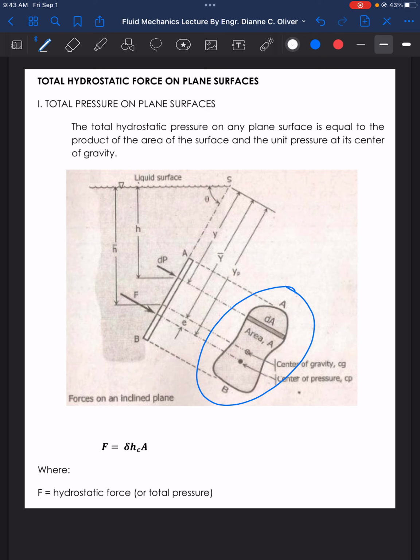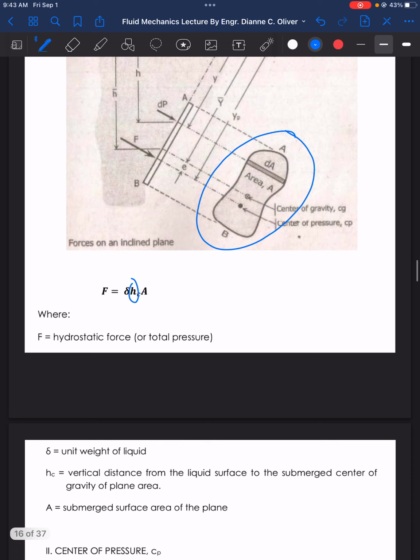The pressure here is gamma of the liquid in which the body is submerged, times HC, that is the vertical distance from the liquid surface to the submerged center of gravity of the plane area.